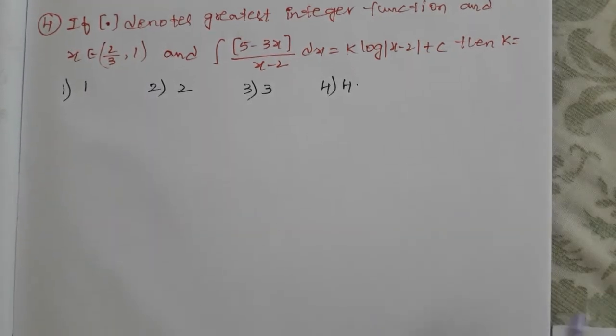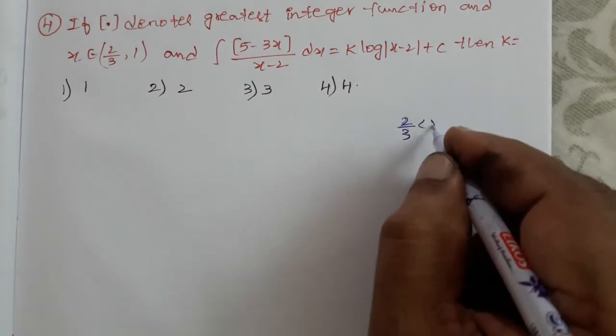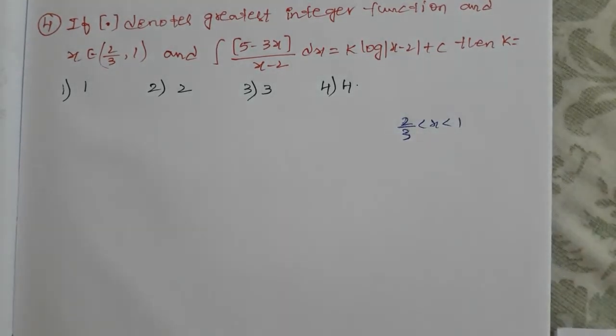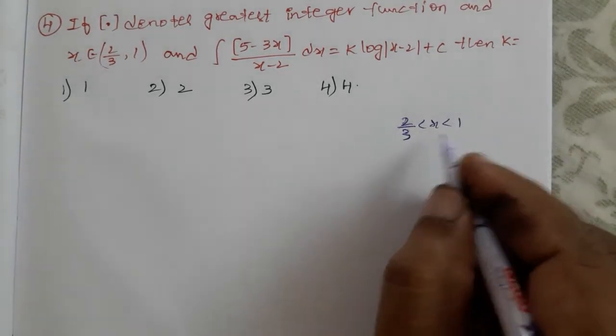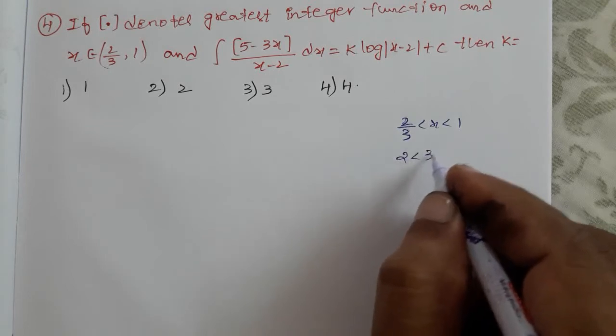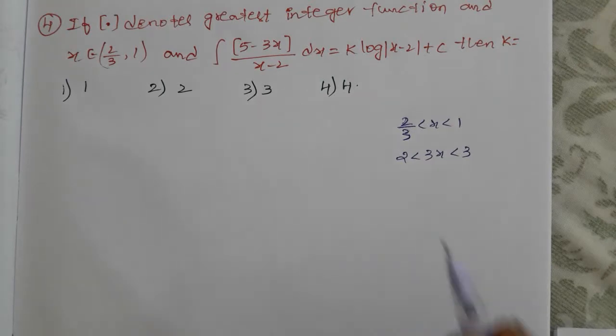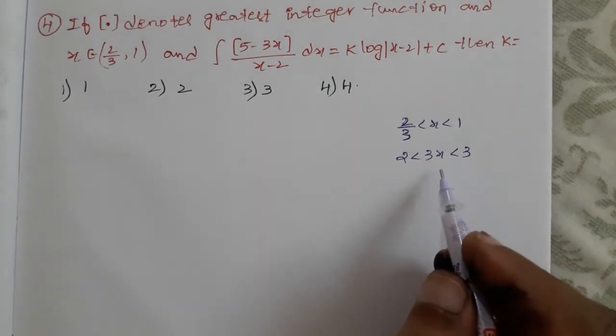so I am writing here itself 2/3 less than x less than 1. Let us multiply the inequality by 3: 2 less than 3x less than 3. Now let us multiply the inequality by the negative sign.